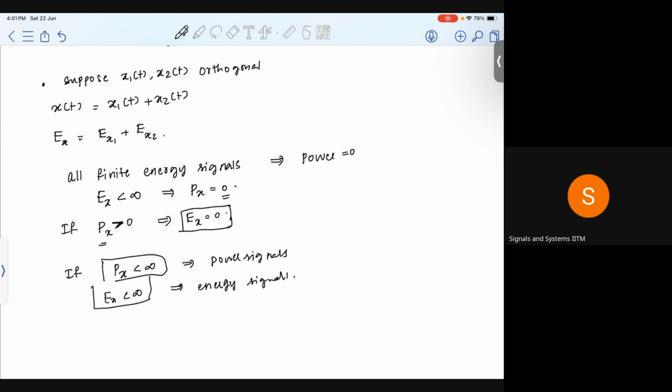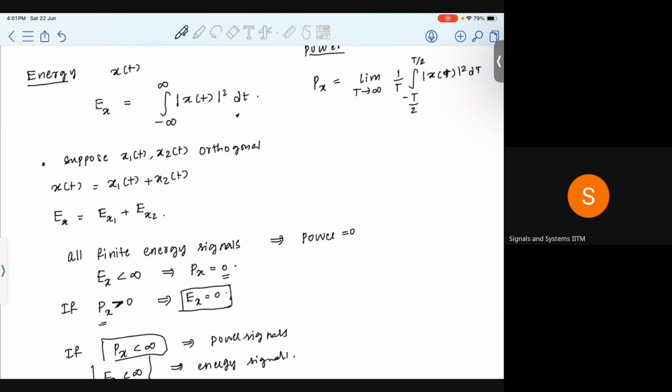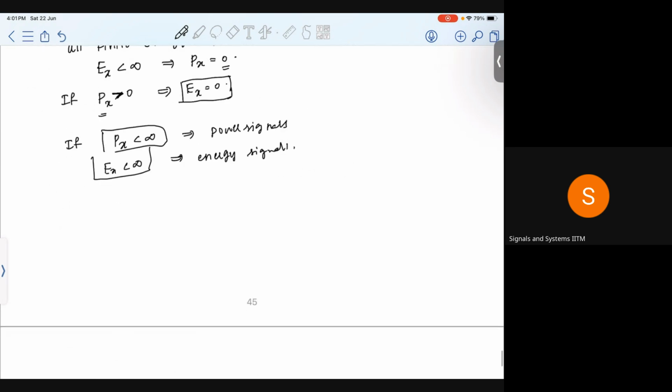Okay. Take this note. I think your week 3 assignments focus only on this part. There's another part to it. Suppose x of t has energy Ex, then x of at plus b has energy Ex by mod a.